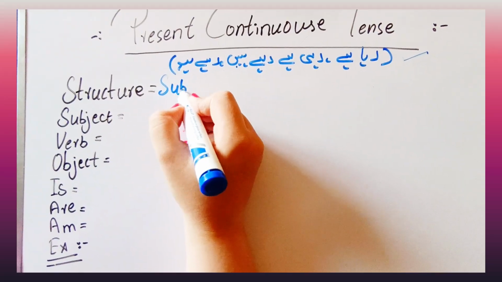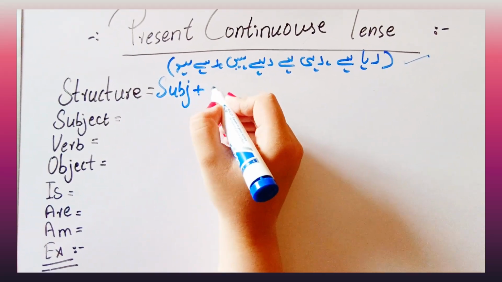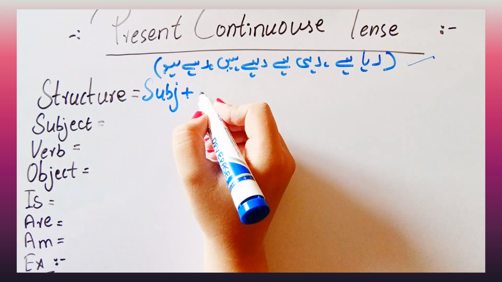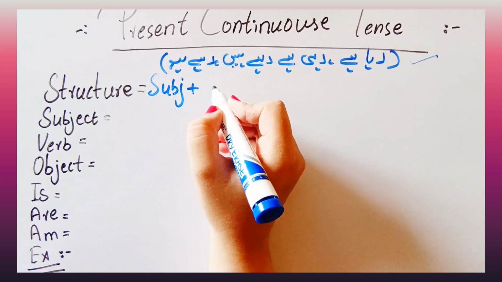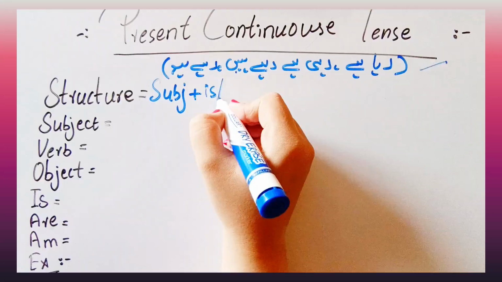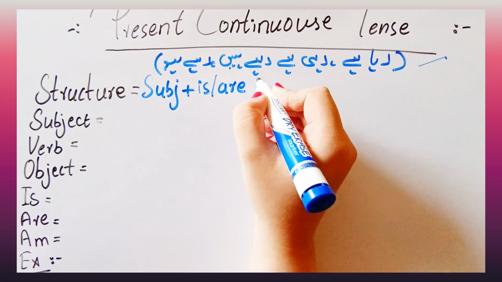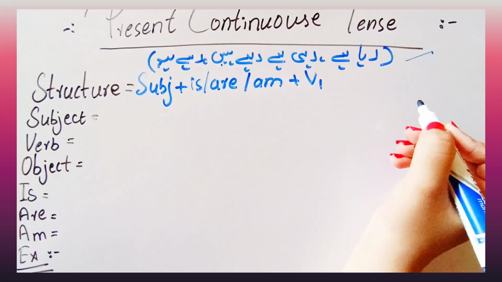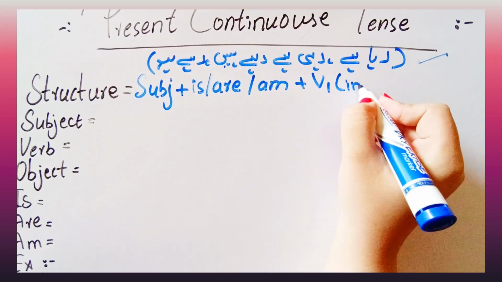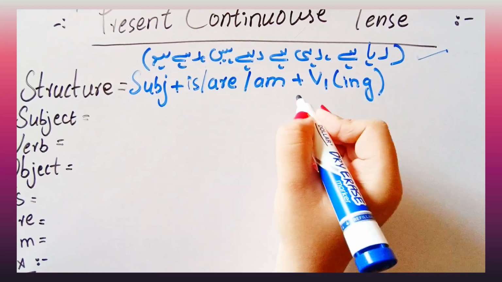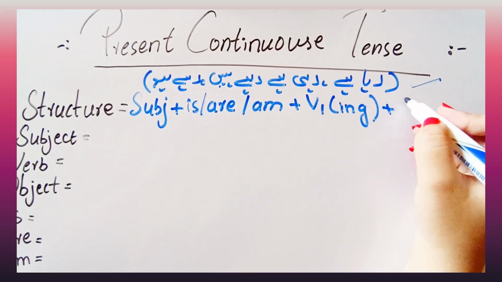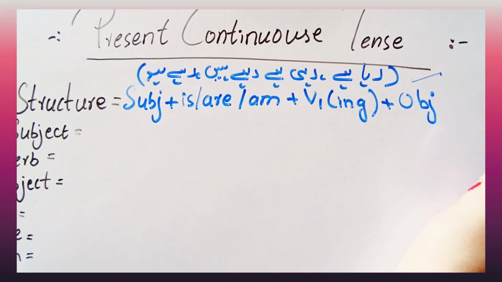Subject plus the auxiliary words, we can also say the helping words, like is, are, am, plus verb, the first form of the verb but with ing. This is the very important thing that we need to understand and learn. And then last, object.